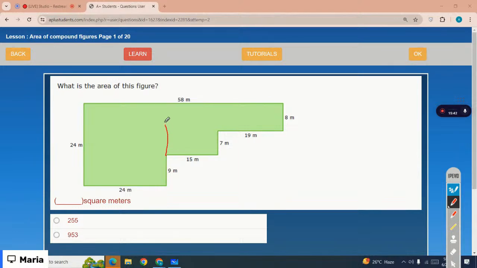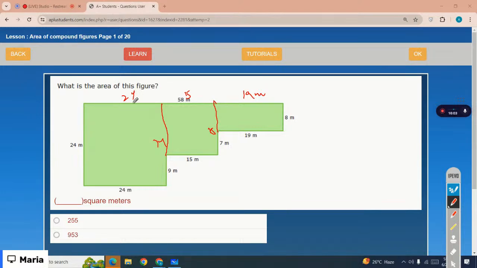This is 19, this is 19. This is 15, this is 15. That is 24, that is 24. That is 15. Okay, let's just calculate the area for this one.